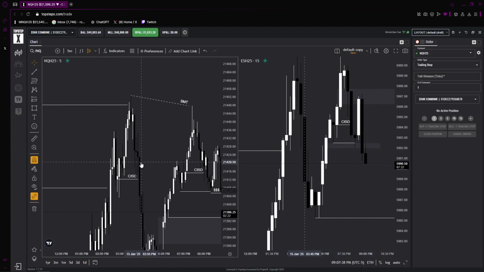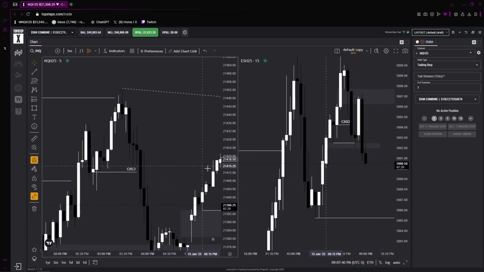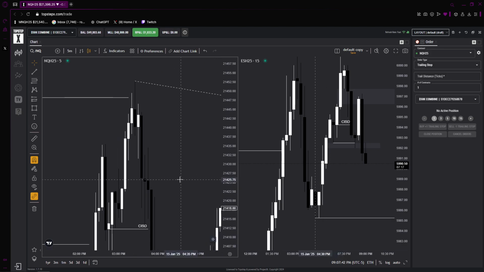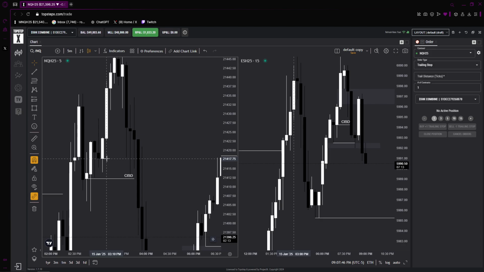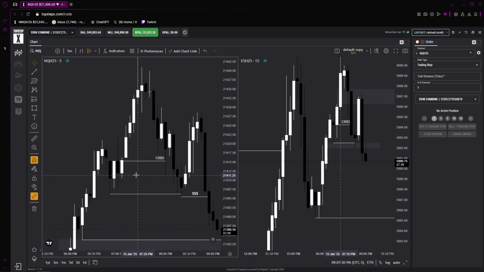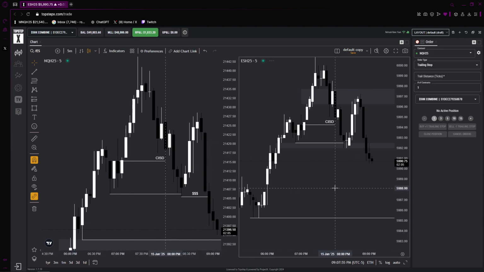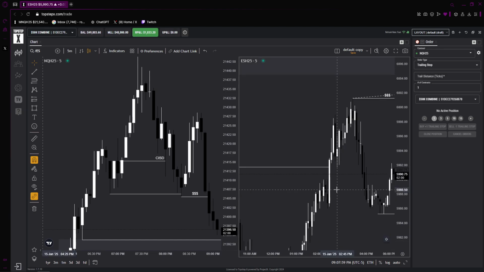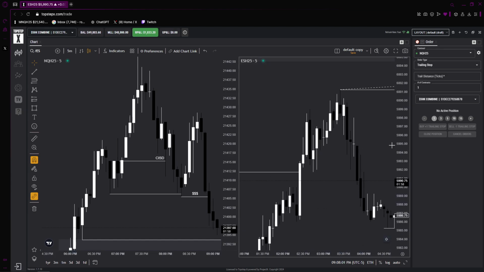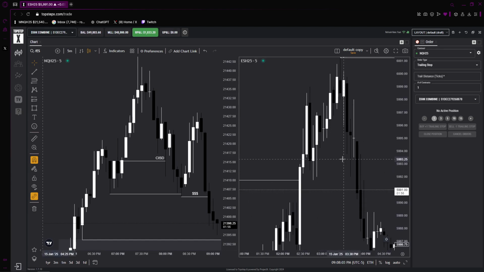Because on a 5-minute, the actual true change in state of delivery on a lower time frame would be this here. But what is this? All this? Wicks. I don't like that. What is this? Here. Boom. Wicks. 5-minute from the original. Here, wicked.